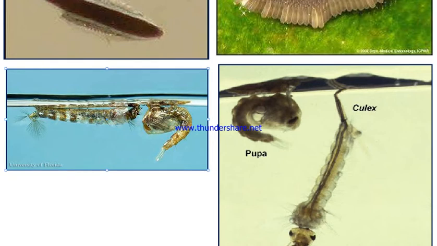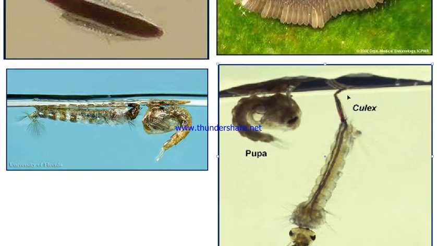And larvae of Anopheles mosquito are surface feeders. That means they feed on microorganisms present on the upper part of water, so they remain parallel to the water surface.